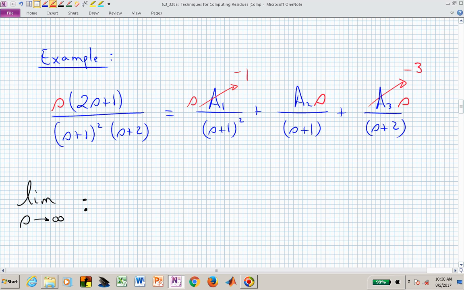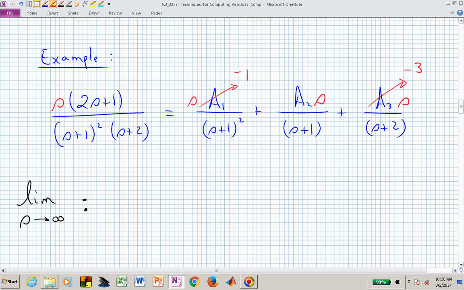On the left, the key here to make your job a little easier is to focus on the highest power of s in the numerator and the highest power of s in the denominator after you've multiplied everything out. Meaning, on the left, we have 2s squared plus s in the numerator, and the leading or highest power term is 2s squared. So we focus on 2s squared.